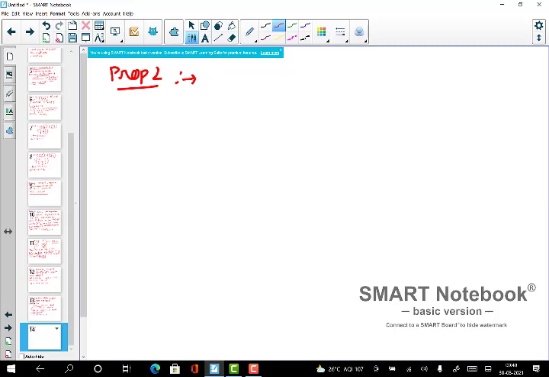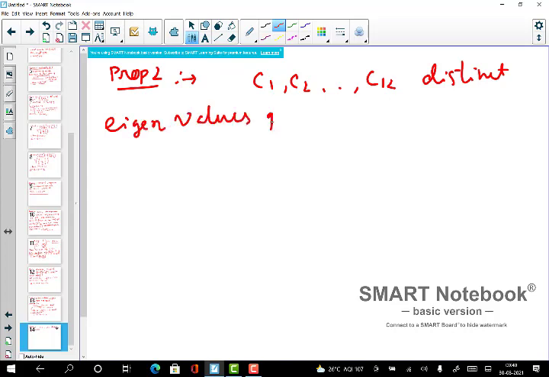With the same setup means you have c1, c2, up to ck, which are distinct eigenvalues of T, a linear operator on V, and you choose some linearly independent sets.